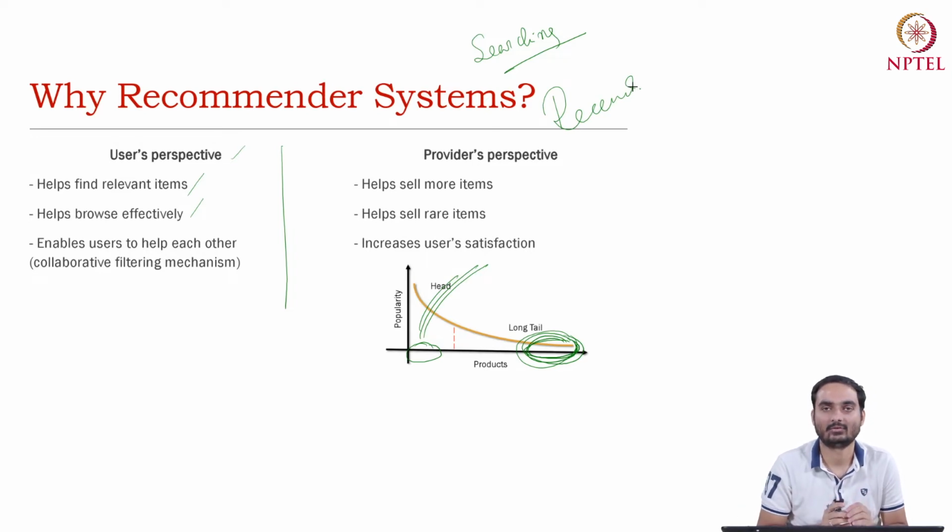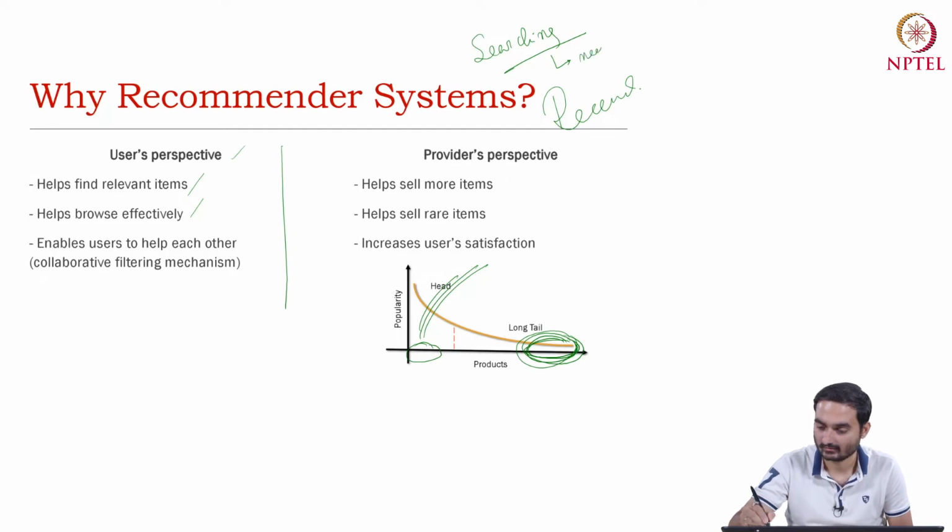When a new product is recommended to somebody, it may happen that the user does not have any idea about that product, but when the product has been recommended, the user likes it and also recommends it to his neighbors or friends.